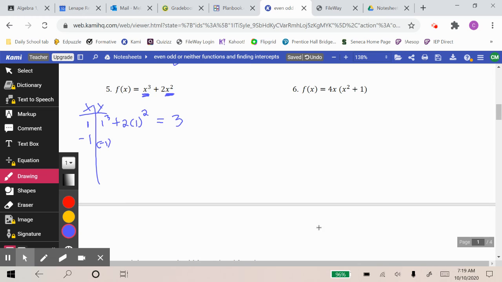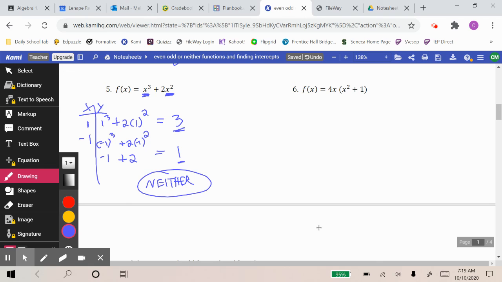So we would get -1 cubed, which is -1, and then plus 2 times -1 squared. This is still going to give us plus 2. -1 plus 2 is 1. So this is 1. It's not the same. They're not opposites, so it's neither. All right, you can get these pretty quick.